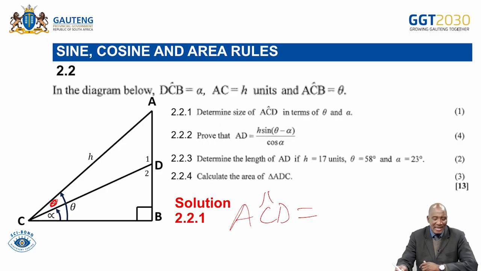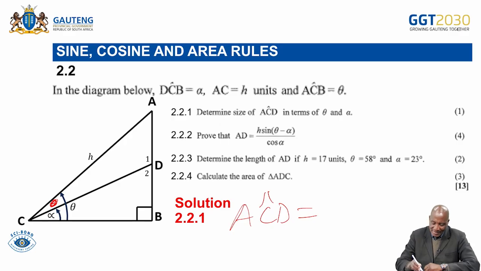What remains? If the whole of that angle theta was, let's say, 70 degrees, and the whole of angle alpha is 30 degrees, how big should be that angle ACD marked in red? How would you approach that question if numbers were given? Theta is 70 degrees, alpha is 30 degrees. How would you build angle ACD from those two?